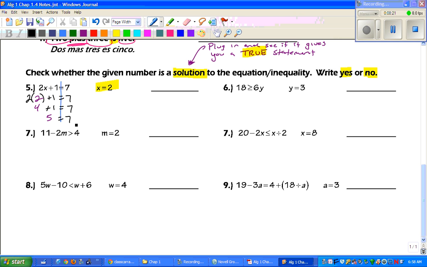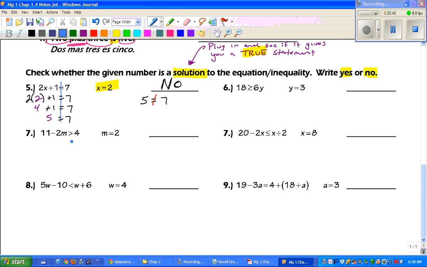And does 5 equal 7? Hopefully you guys are like, dude, no it doesn't. If you think it does, you've got some issues. Now, whenever you see it written like that, that little line in between it is telling us no, that is not equal.